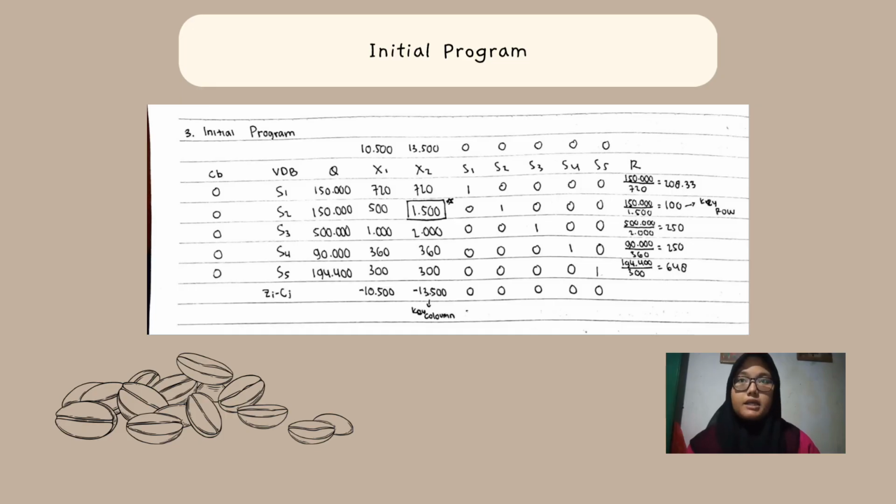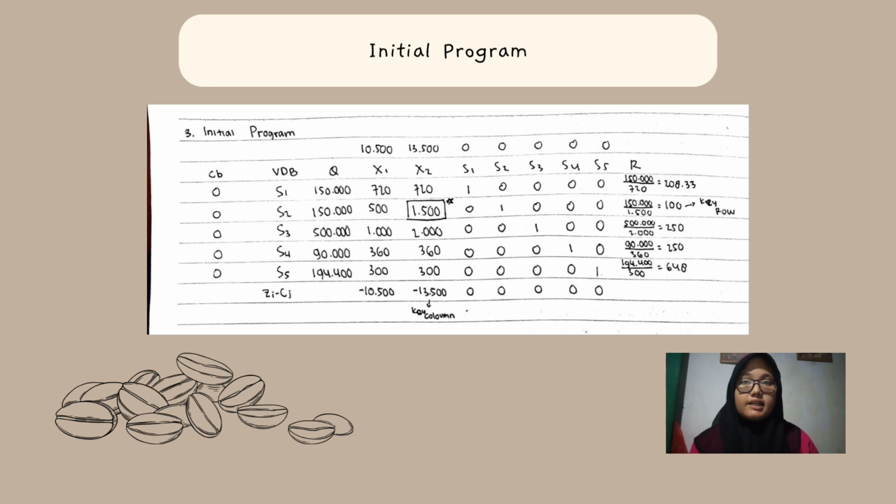The next step is to create an initial program by adding CB, VDB, Q, and code R. Next, we fill the column Q. Q is the constant of the constraint function, namely 150,000, 150,000, 500,000, 194,400 rupiah.